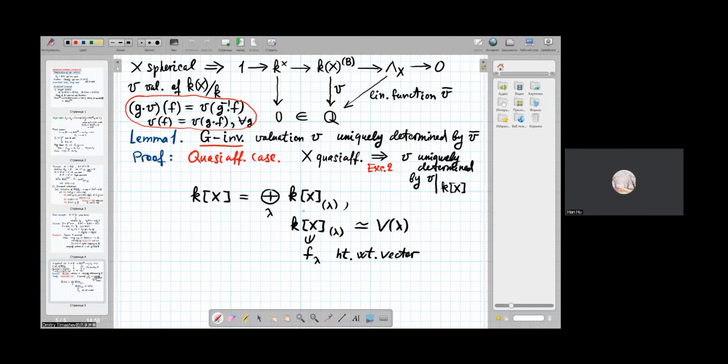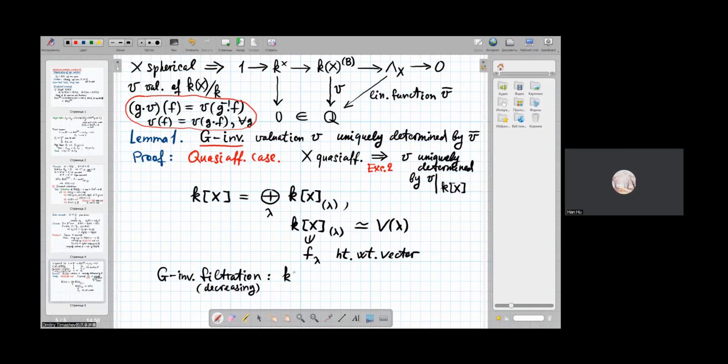Now, this G-invariant valuation V, which we consider, gives us a G-invariant decreasing filtration on the coordinate algebra of X.